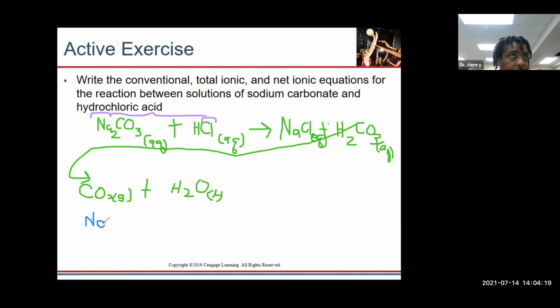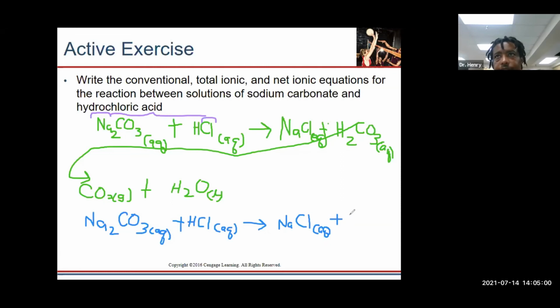So we'll end up with Na2CO3 aqueous plus HCl aqueous, and that's going to yield NaCl aqueous plus CO2 gas plus H2O liquid.